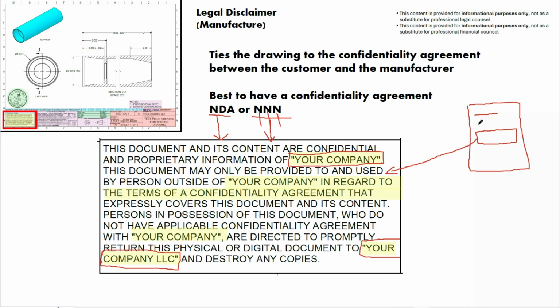So in your legal agreement, it says, every time you see this note, then any document that has this note on it is part of this legal agreement that you've signed. This legal note that was agreed upon and signed on the dotted lines is explicitly stated in your drawing. So that is one way you can protect yourself from people copying your product, and one way you can prevent disaster and waste of money in the future.